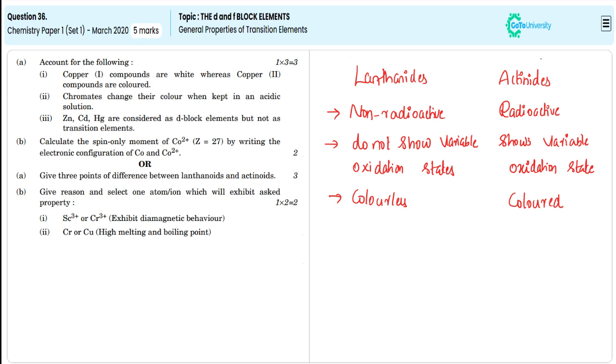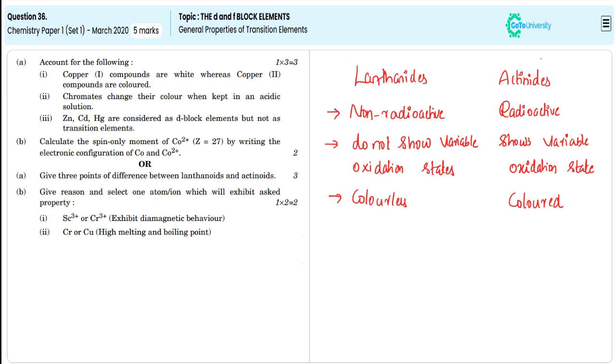Next, in case of lanthanides, they do not show a wide range of oxidation states, do not show variable oxidation state. But in case of actinoids, we can see they show variable oxidation states.